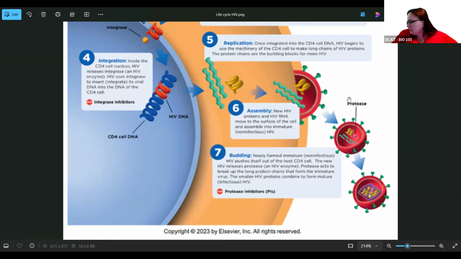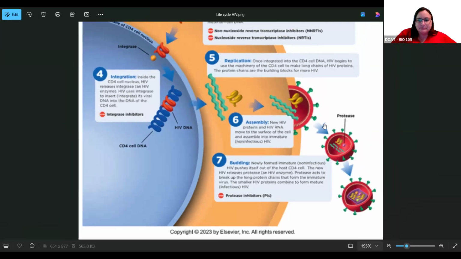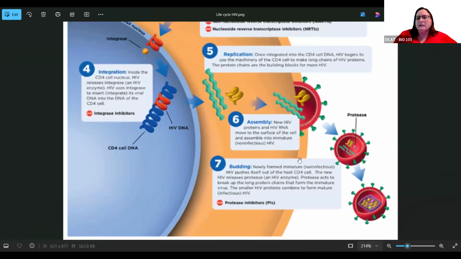Then when we get to number 7, this is going to be the last step or stage of the HIV life cycle. And this is going to be the budding stage, okay? This is when the newly formed, immature, non-infectious HIV pushes itself out of the host CD4 cell, okay?